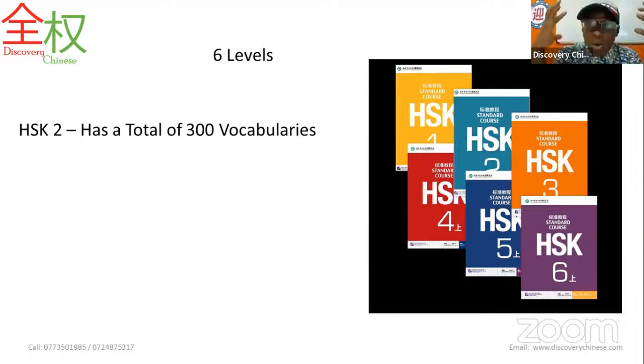As I said, when you finish level 1, you should be able to communicate fluently with the 150 vocabularies, talk about yourself, and express yourself a little bit with the vocabularies that you know. Once you go to level 2, since you're able to express yourself, you will gather more vocabularies as well.